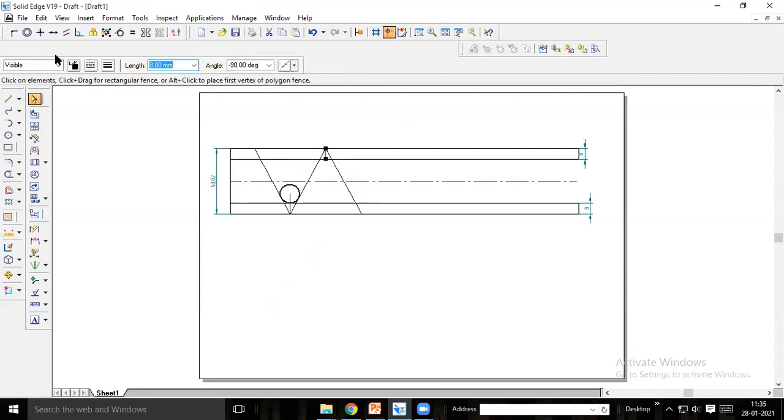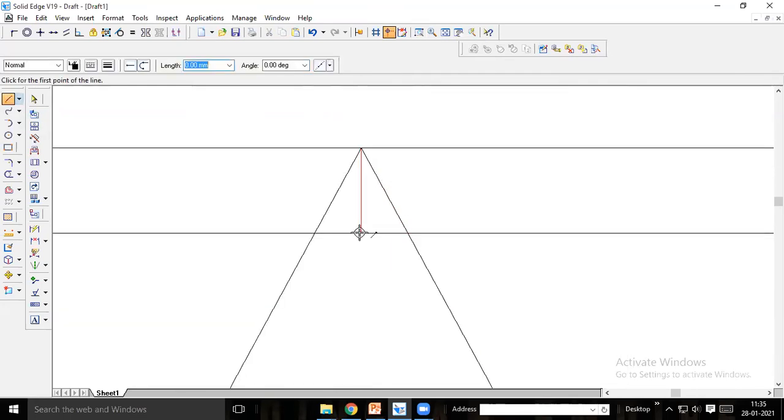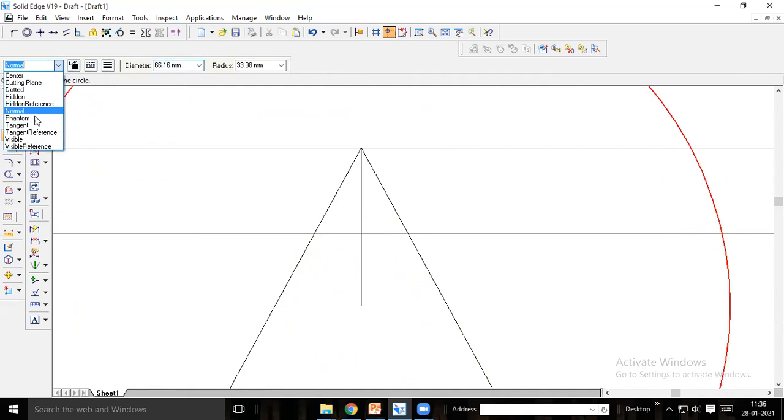Make it thin, normal. From this point it is 6.87. Then you draw a circle over here with a visible line.